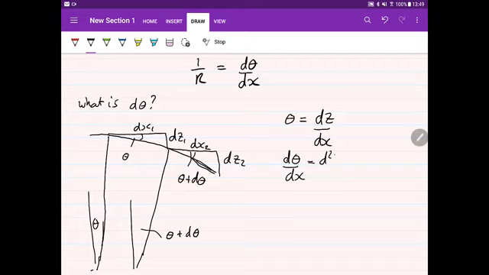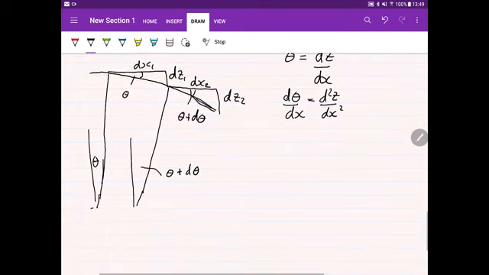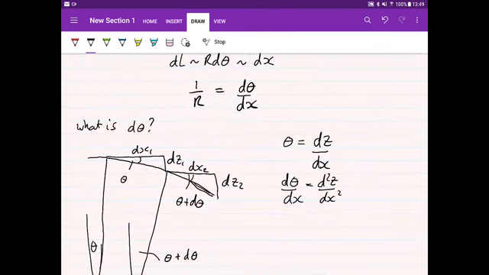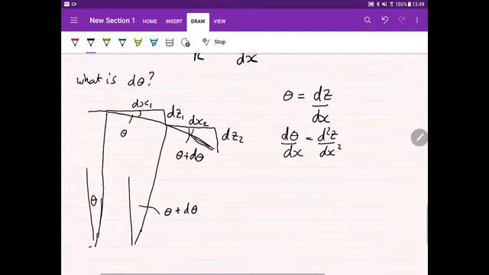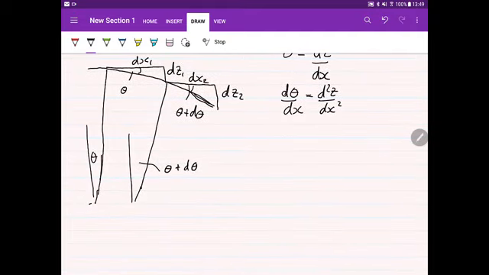to d2z by dx squared. But d theta by dx was what we were trying to work out. So we can now write an expression for the curvature as being approximately equal to d2z by dx squared.